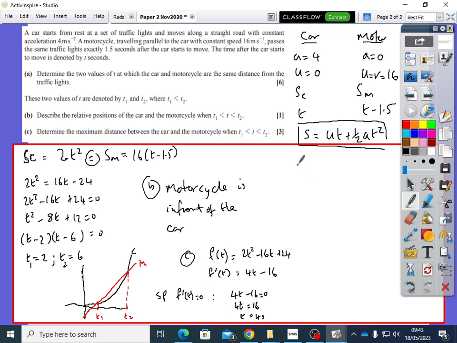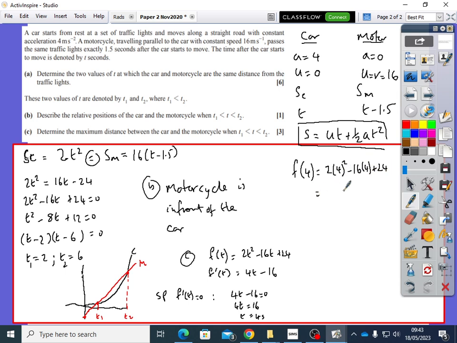So let's sub that in. So you can now sub that in the equation, which is this one. So put f of 4 in the function to give the maximum. So you've got 2 times 4 squared minus 16 times 4 plus 24.